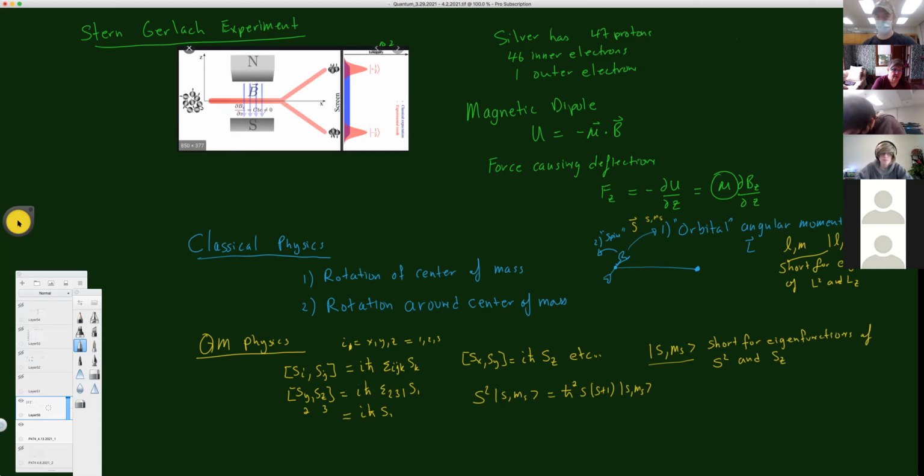Remember, L squared acting on |l m> was ħ² l(l+1) |l m>. And the state we're using here, the simultaneous eigenfunction, S_z acting on that state is just like the L_z, it's ħ m_s |s m_s>.